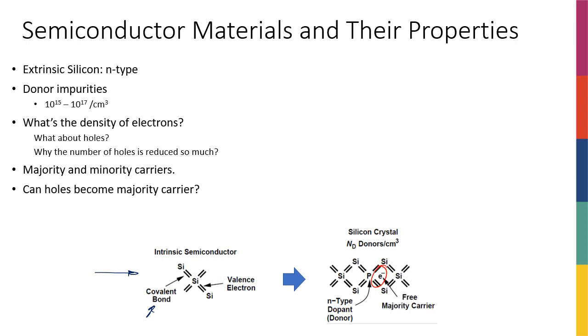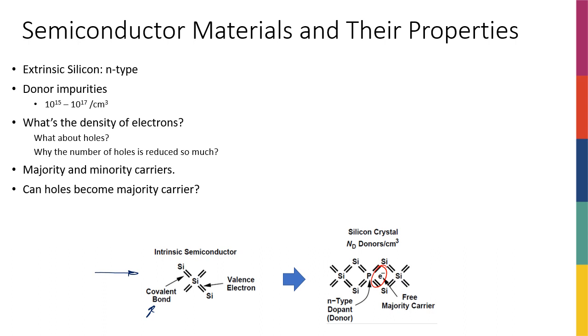So by introducing a group 5 atom into our crystal, we're going to have these free electrons, one per phosphorus atom, without even needing to break any of these bonds. Okay, so that's how we can create more free electrons without increasing temperature, without needing to break any bonds. And that's why we call it doping.